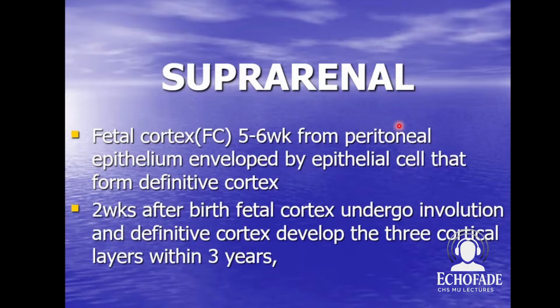The fetal cortex after birth undergoes involution, so the cells disappear. And this thin cluster of cells surrounding the fetal cortex then differentiates to form all the three layers of the cortex.